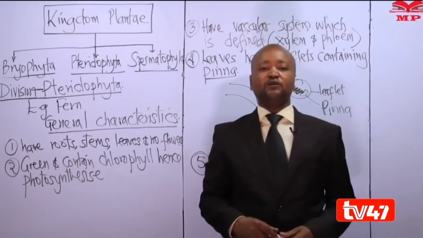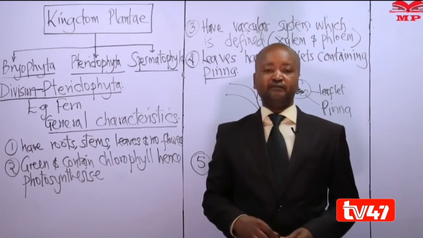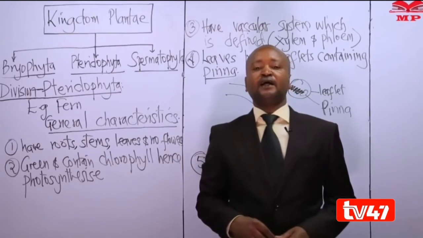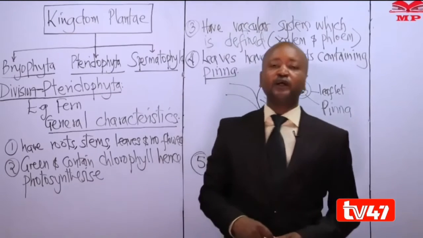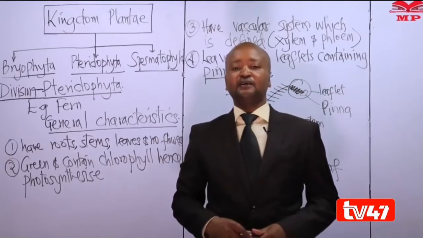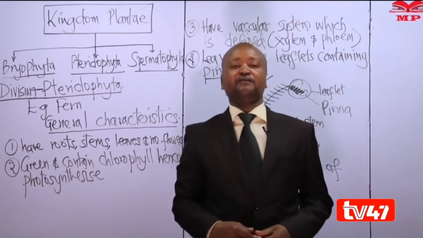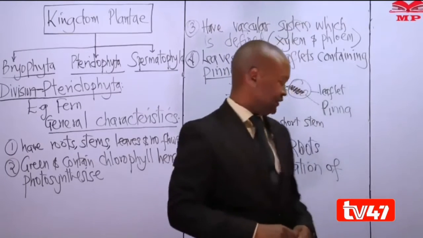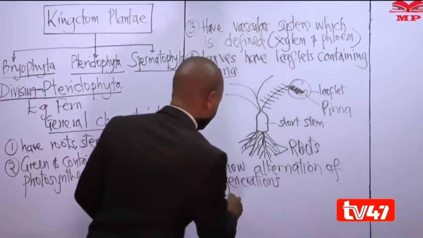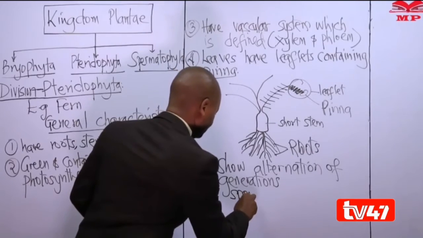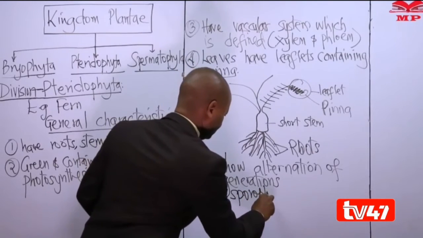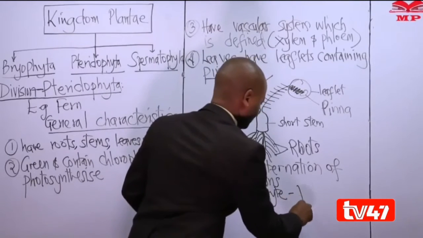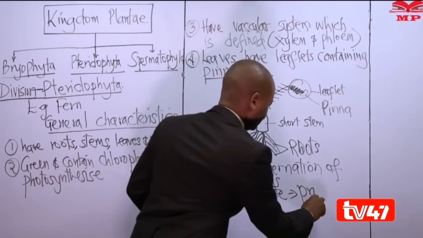The gametophyte has what we call sporangium, and the sporangium is where we have the spores, and these spores or the sporangium collectively on the leaflet are called the sorus, and if there are many, they are called the sori. So it shows the alternation of generations, where we have the sporophyte, and we have the gametophyte, which is a prothallus.